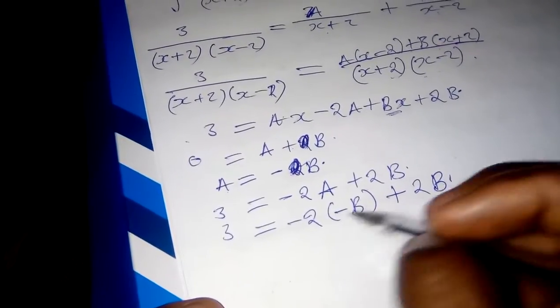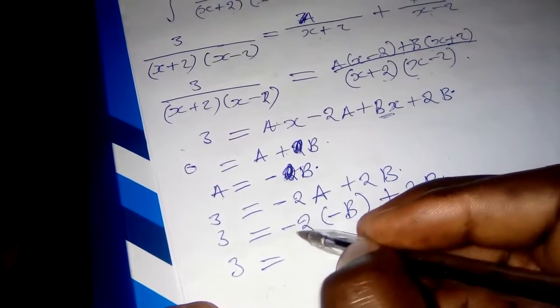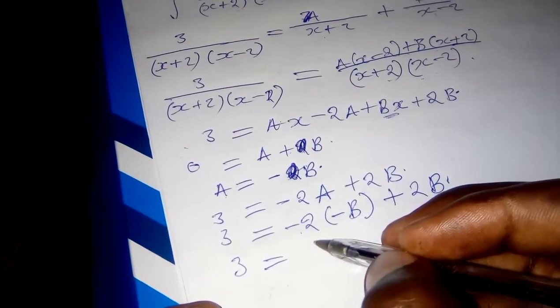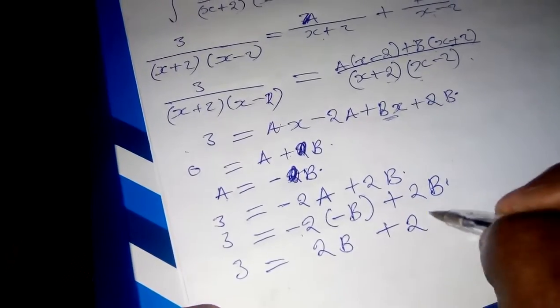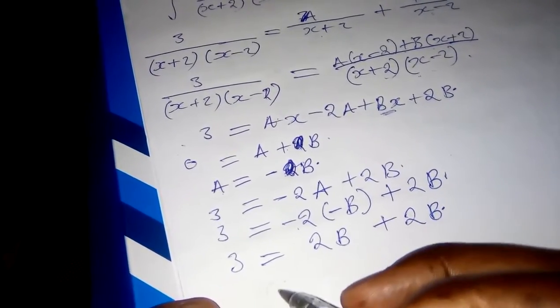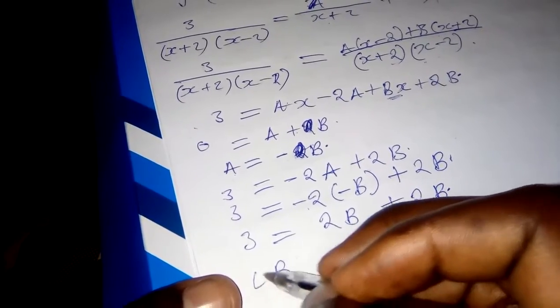So this is going to be 3 being equal to negative 2 times negative b, I'm going to get 2b, and then plus 2b. So meaning this side I'm going to have 4b being equal to 3.